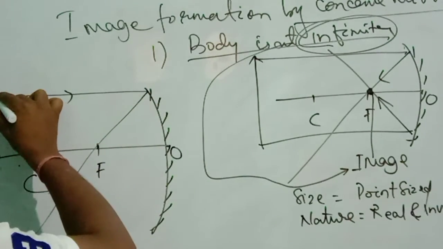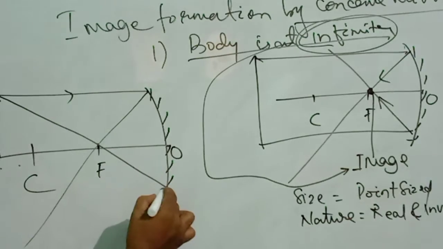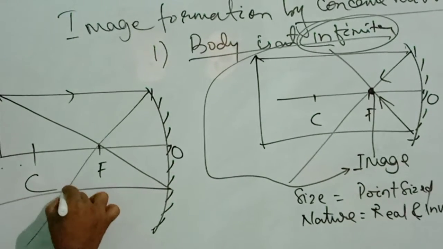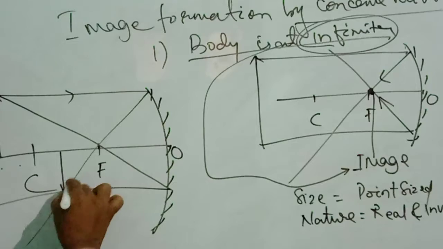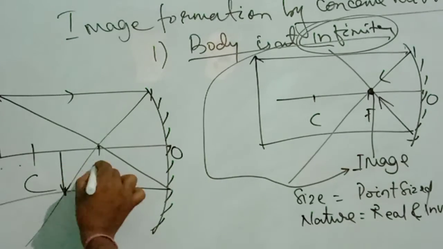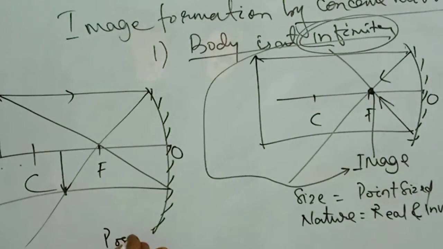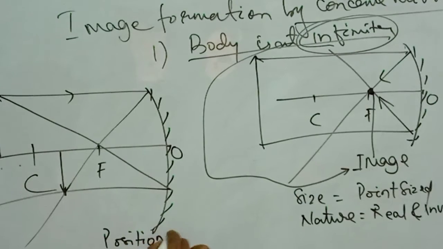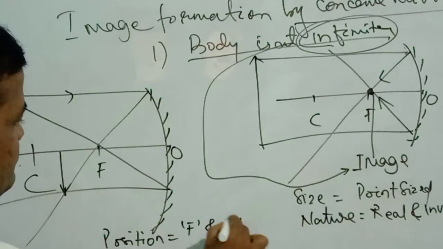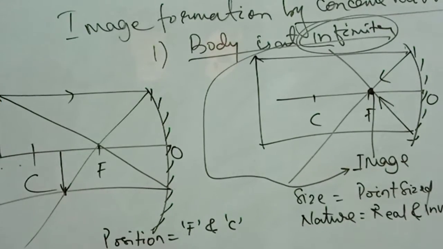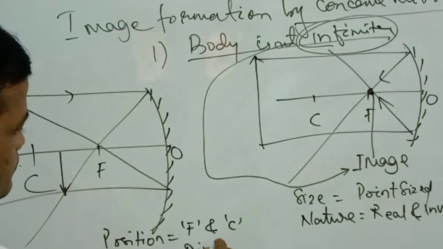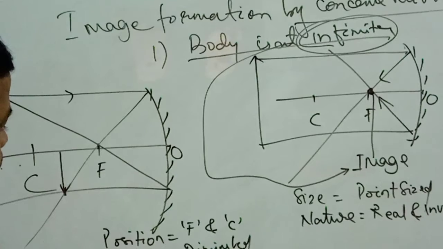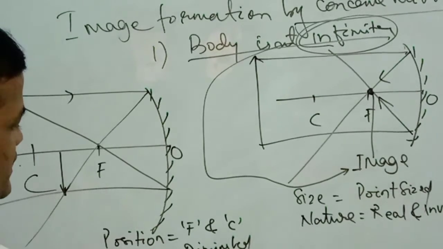Let us draw another: if it goes through the focus, then after reflection it emerges parallel. Then the image will be formed here. In this case, the position is between F and C, the size is diminished, and the nature is real and inverted.